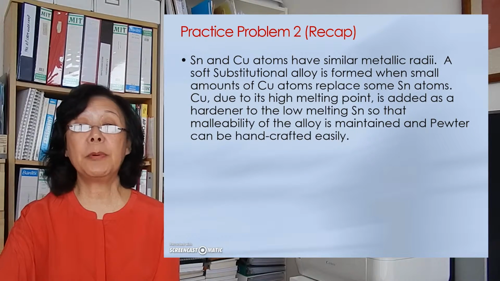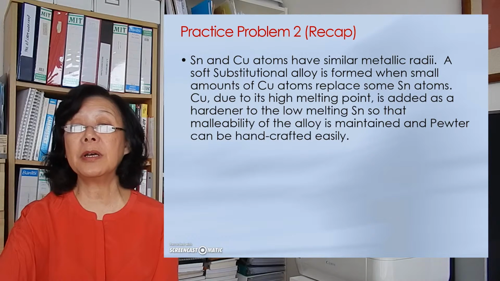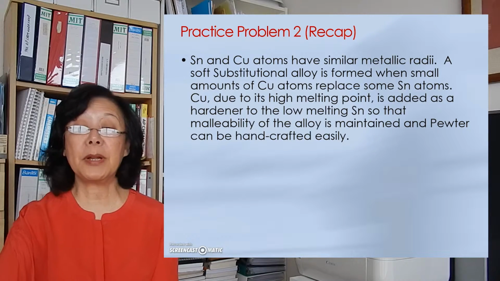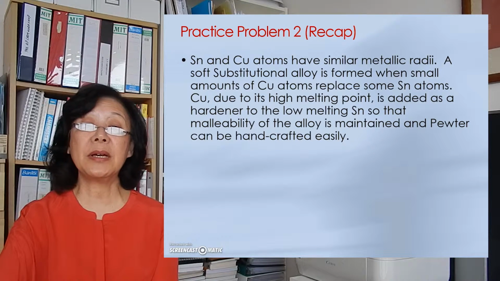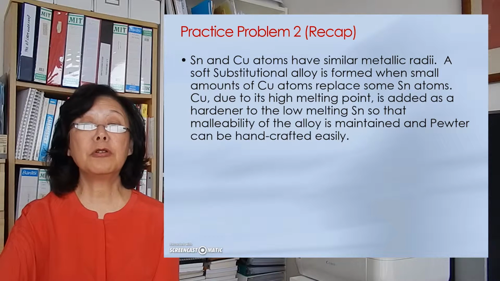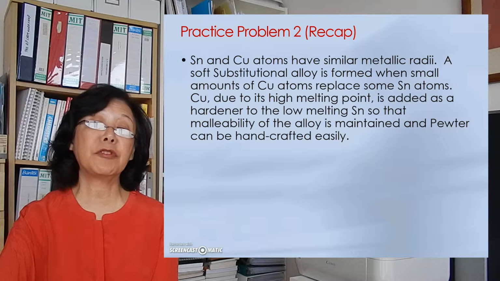Well, tin and copper atoms have similar radii. So if you make a soft substitutional alloy, you can put in small amounts of copper to replace the tin atoms. Copper, due to its high melting point, is added as a hardener to the low melting tin so that malleability of the alloy is still maintained and pewter can be handcrafted beautifully.